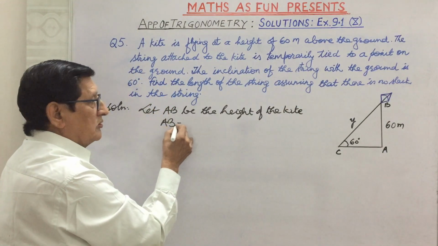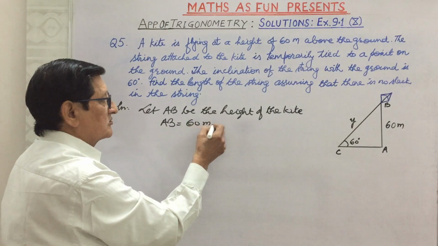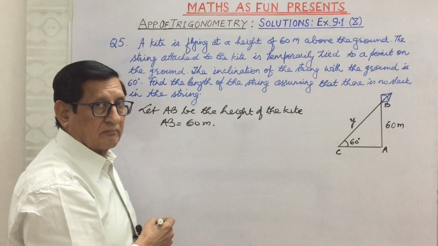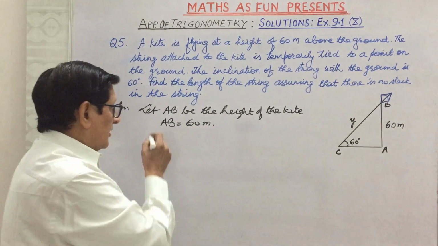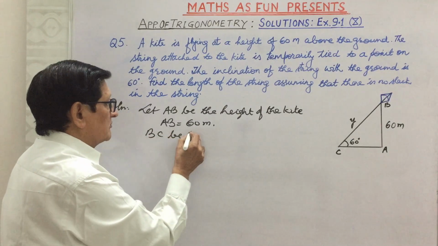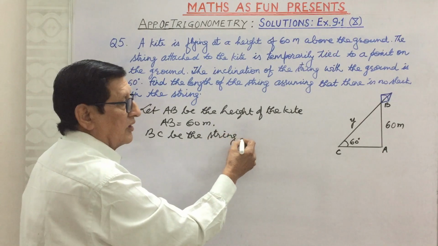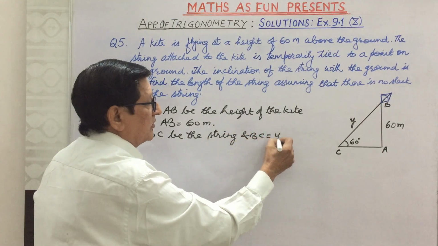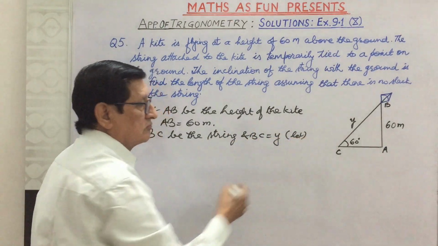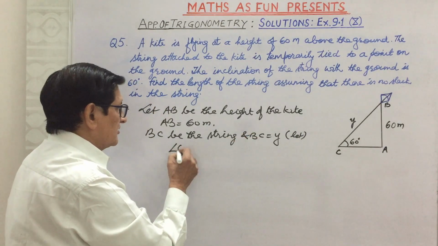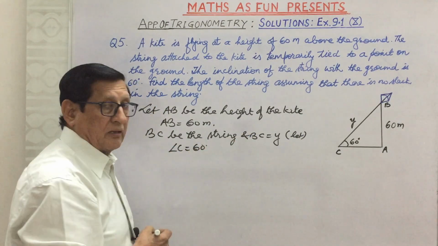AB is equal to 60 meters. BC be the string and BC is equal to y, suppose. Angle C is 60 degree.